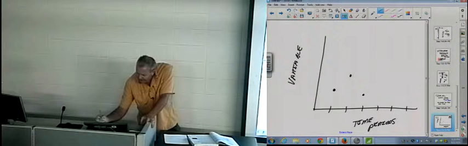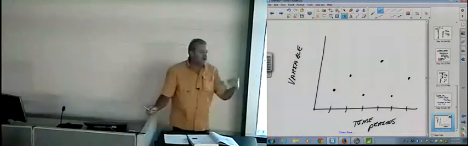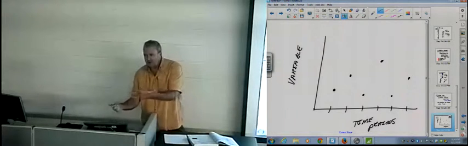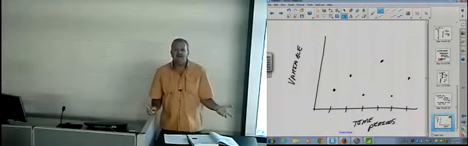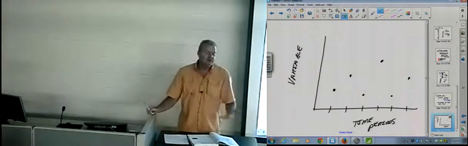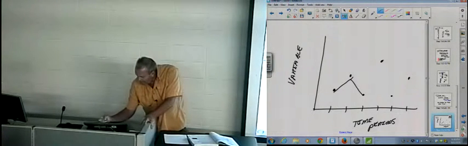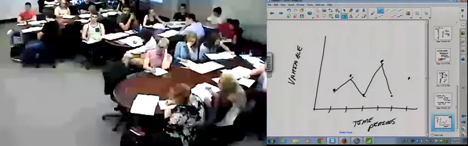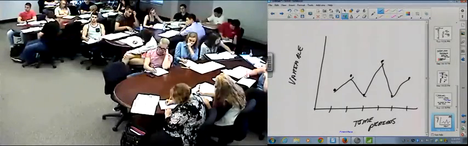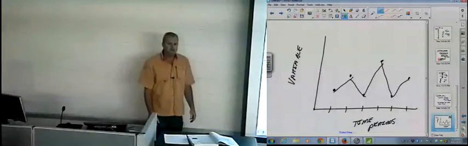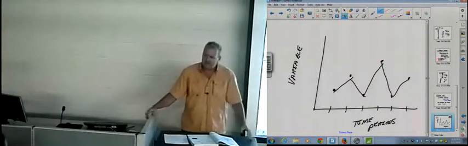That was the value. That was the value. Right? So for every time period, you have a value of the variable that you can go up and you can go across and form the dot. And then you connect the dots with line segments. Draw the lines in. You do this. And, you know, there's going to be more time periods than that, but that's what you're seeing there. Right? You connect the dots with line segments.